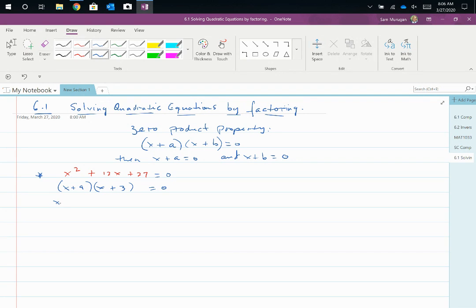Then use the zero product property to solve the equation. x plus 9 equals 0, take away 9, take away 9, so x is equal to negative 9. And then x plus 3 equals 0. Take away 3, take away 3, so x is equal to negative 3.